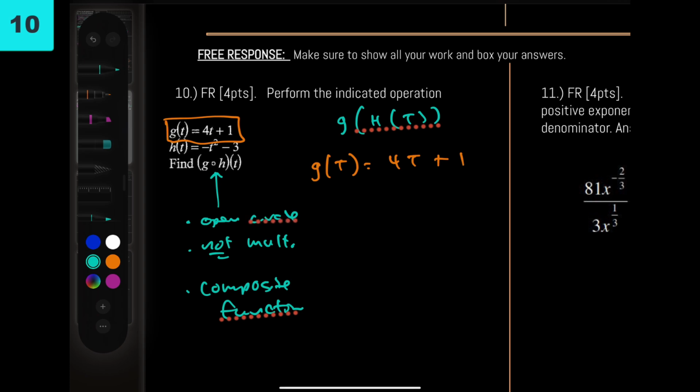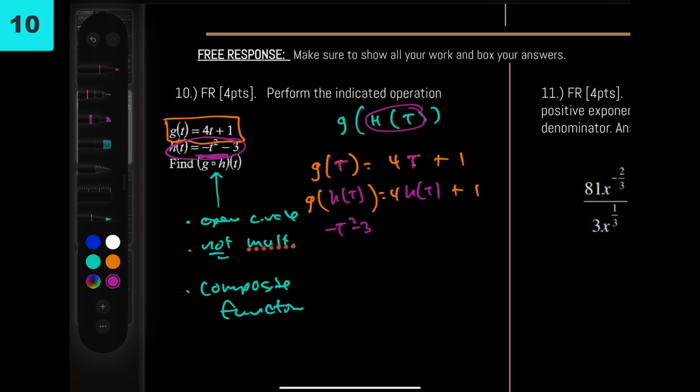Okay, now we're putting an H in there. Let's do pink. So instead of T's, now I'm going to write H of T. And then instead of writing H, we're going to be writing over here negative T squared minus 3. Negative T squared minus 3.